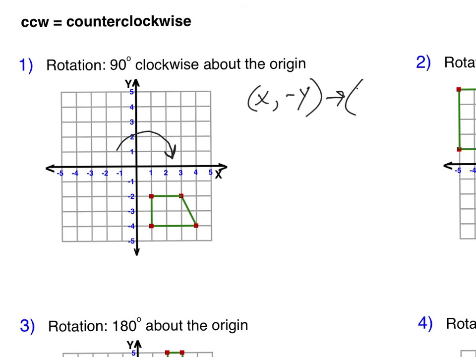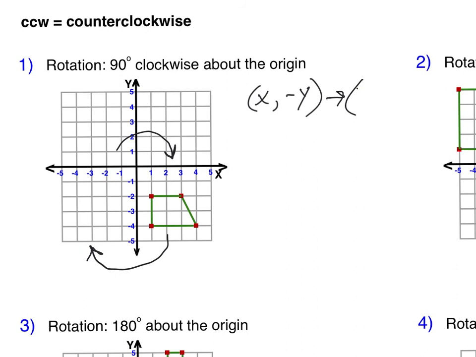So this shape is going to come over here. Every side that is horizontal right now, such as the bottom side, is going to turn into a vertical side, and every side that is vertical is going to turn into a horizontal side.